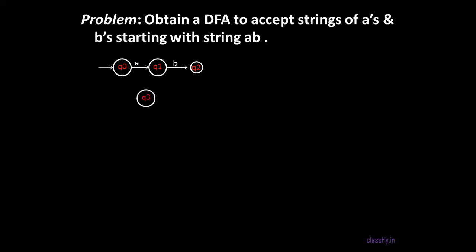Now A has already been mapped from Q0 to Q1. To map B from Q0, we need a trap state Q3. Let us learn what a trap state is later. Now B is mapped from Q0 to Q3, and from Q1 to Q3 there is A. B is already mapped from Q1 to Q2. Now Q3 has a self loop of A and B. Q2 acts as a final state which has A and B as a self loop.